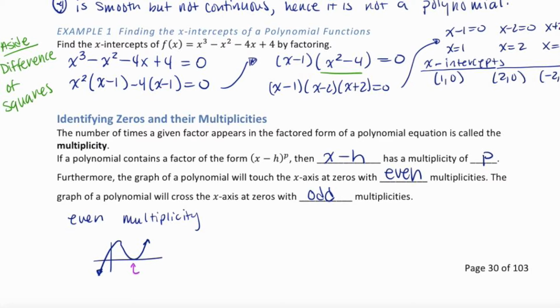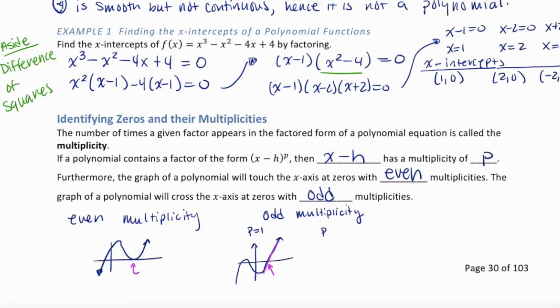If we have an odd multiplicity, we do have a couple different cases I want to point out. If p equals 1, then our polynomial will cross the x-axis like a line. So here, this should be like a straight line.